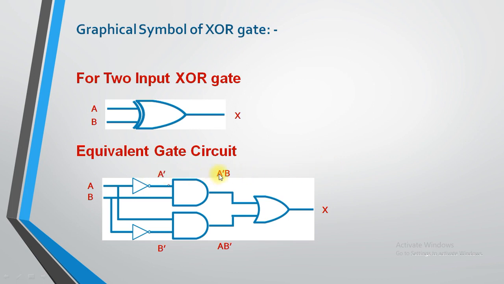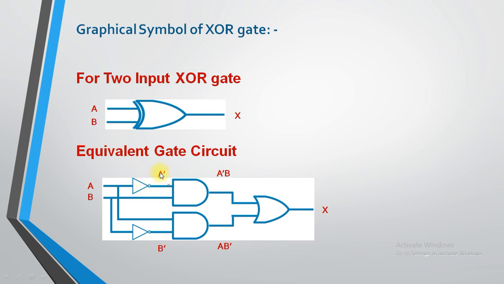So for that, A dash B represents an AND gate. So first of all I need to draw an AND gate over here. Now what is my requirement? A dash B. So both the input variables I need to draw over here, but I need to pass A dash. So for that I have placed one NOT gate over here.